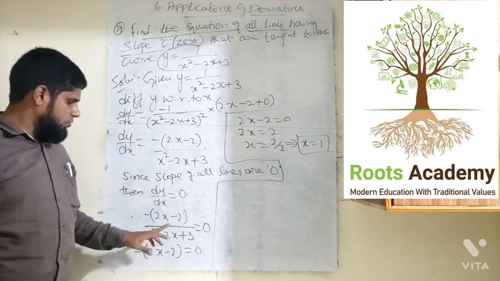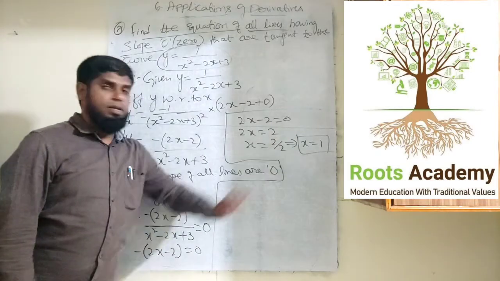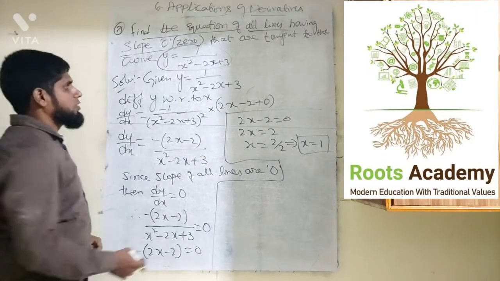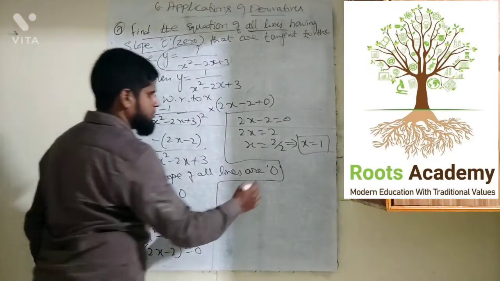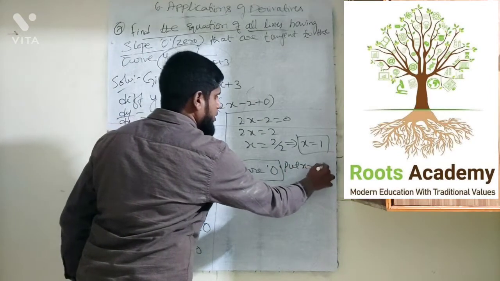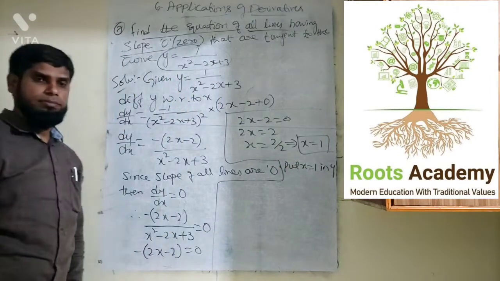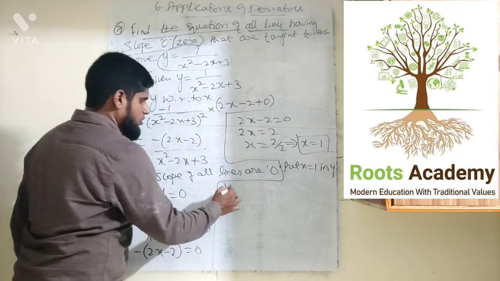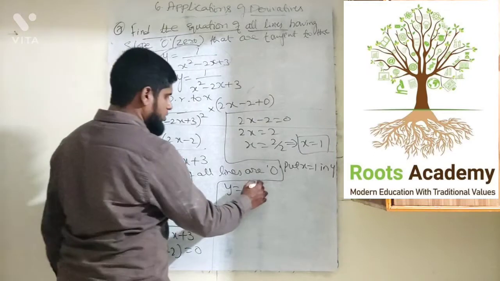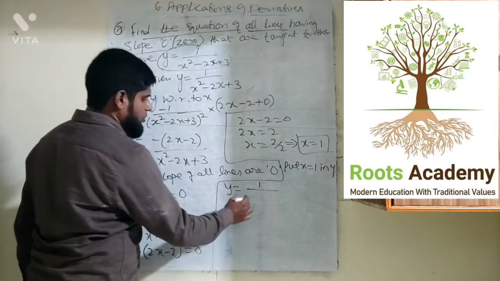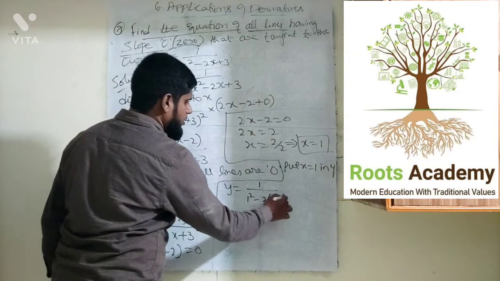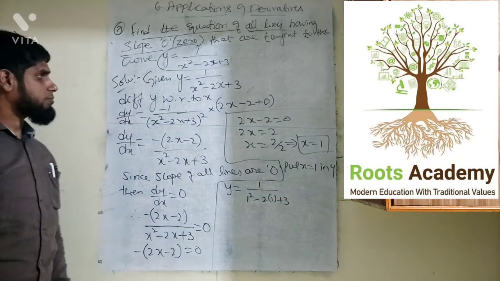After getting x is equal to 1, let us find the value of y. So let me substitute x is equal to 1 in y. What do I get? y is equal to 1 divided by 1 square minus 2 times 1 plus 3.